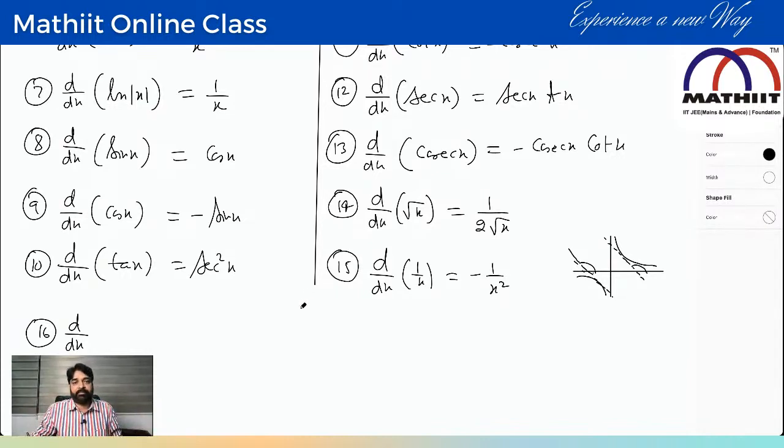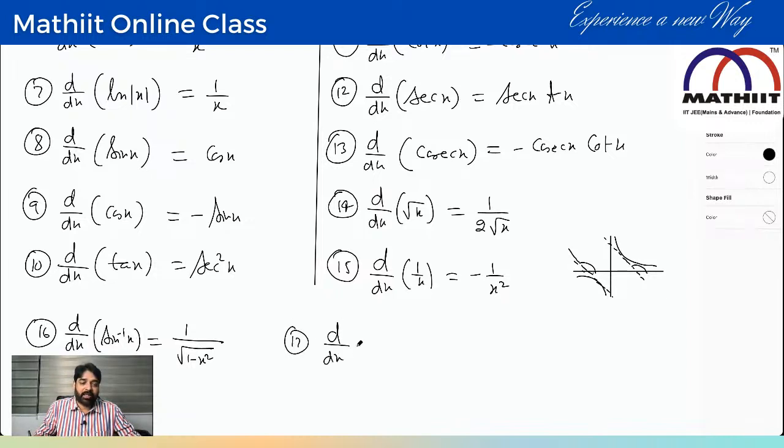Both cannot happen. So d by dx of sine inverse x is always equal to 1 by root of 1 minus x square, assuming x is the variable, be clear. Next, d by dx of cos inverse x is minus 1 by root of 1 minus x square. Check it carefully. This is always positive, the root quantity is always positive. This is always negative because sine inverse x is always an increasing graph and cos inverse x is always decreasing.